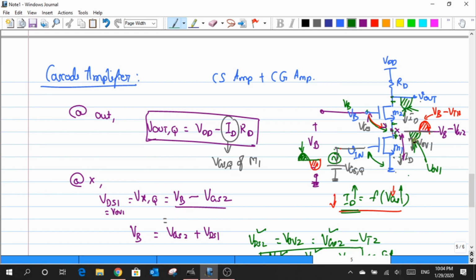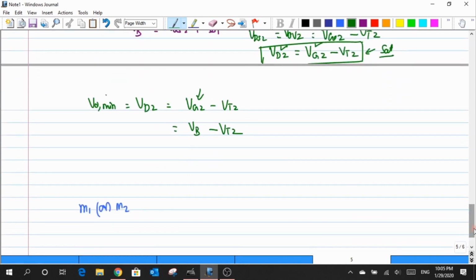We know that the most negative part of this Vx node is nothing but my VOV1. With those definitions, let me recollect: this VB is currently equal to VGS2 plus the current value of VDS, which is basically equal to VOV1. Hope that you are clear.